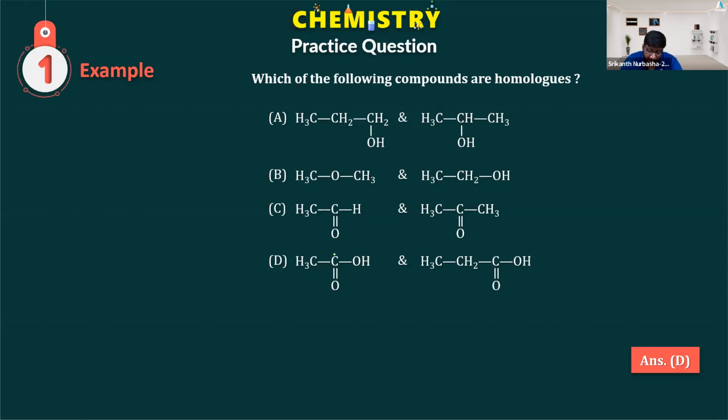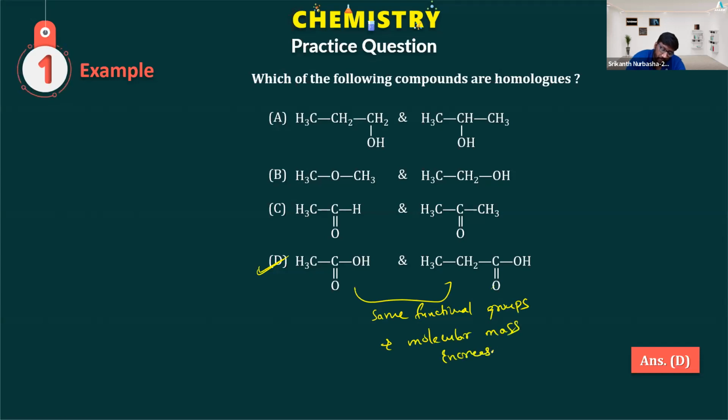If you look at D, CH3COOH and CH3CH2COOH, both are carboxylic acids, with an increase in the molar mass, so obviously D is the right answer. Same functional groups, and the molecular mass increased.